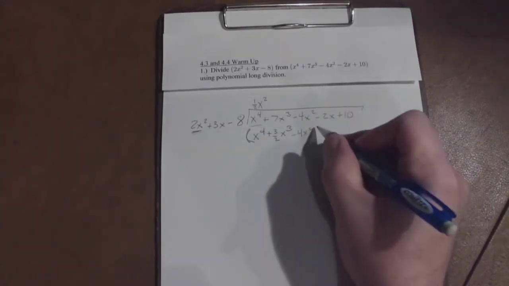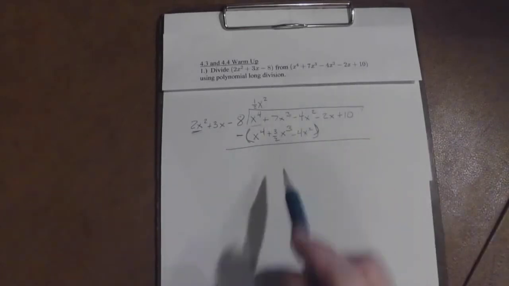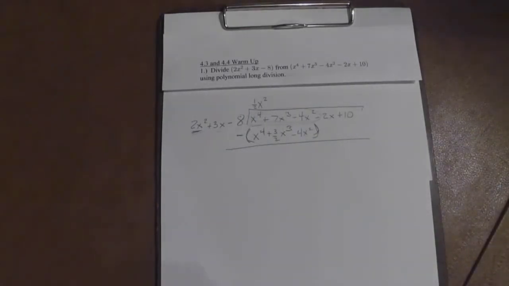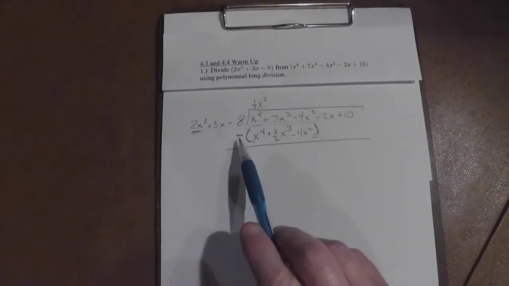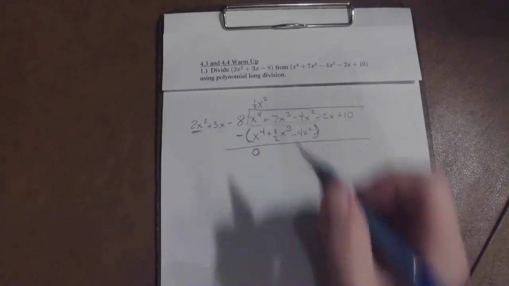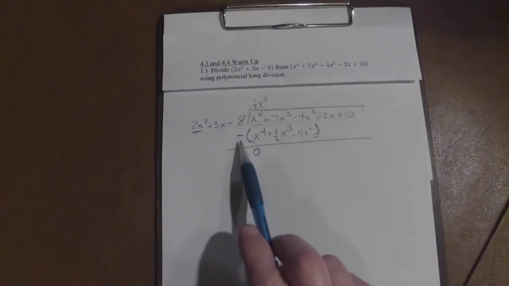In the division process, we are going to subtract this entire quantity from these three terms given above. X to the fourth minus an x to the fourth is nothing in value, so that would leave behind a 0.